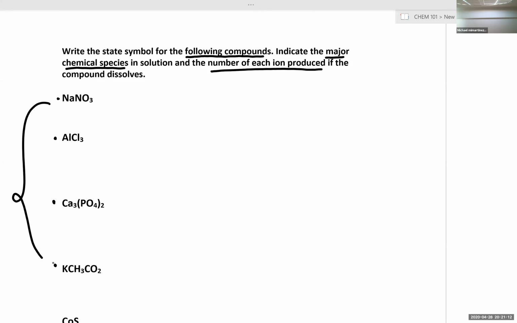So let's take a few more minutes to work through this, and then we'll come together as a group to discuss. But I do want to see some student input, just so that I know that you're comfortable using the solubility table, which is on page 3 of the notes.